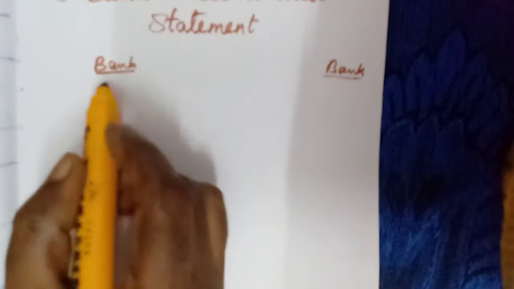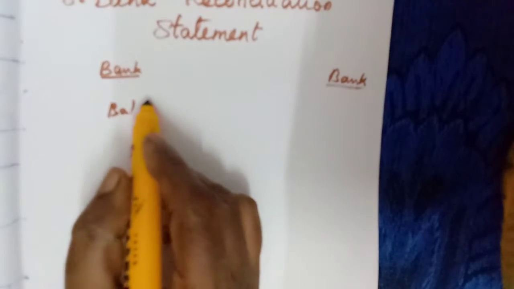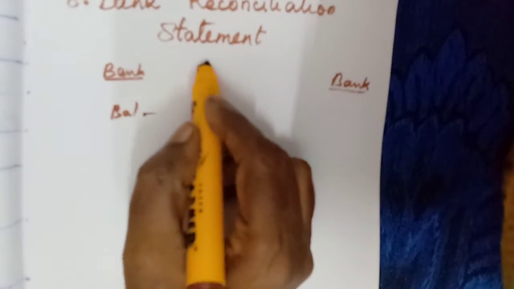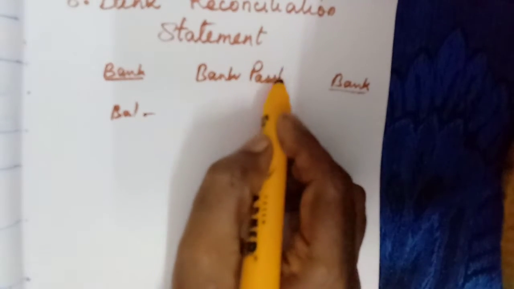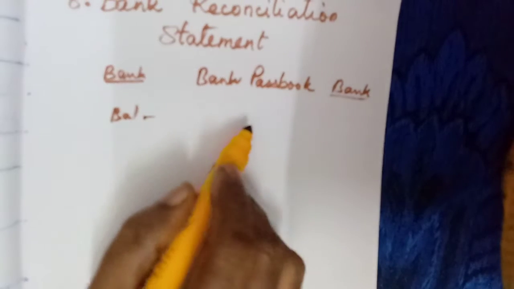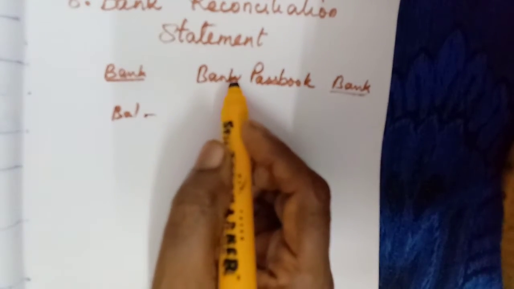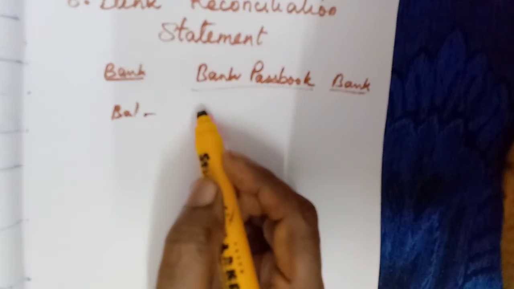So we have to check the balance in the bank column of the cash book and compare it with the bank passbook or the bank statement. We can get a statement from the bank showing our account, for 5 days, 10 days or 6 months. If we ask, they will provide it, and they will charge some amount as charges.